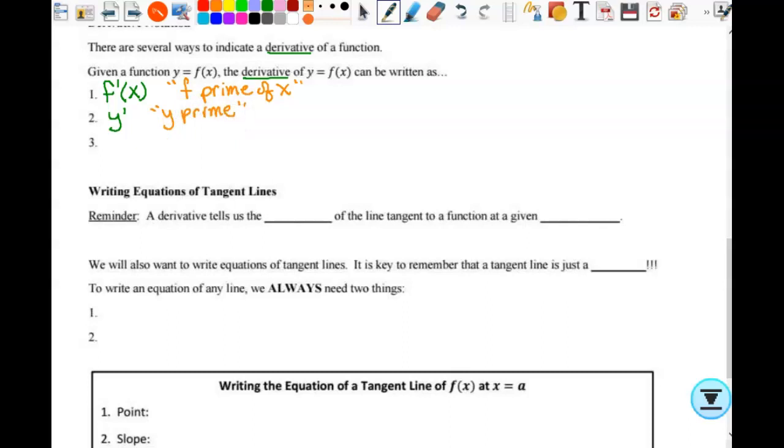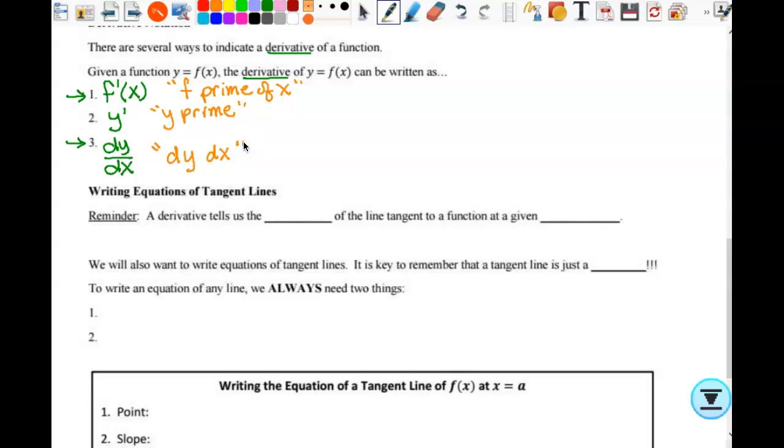And then the last one, so really 1 and 3 are the ways that we'll see it the most. Looks like this, dy over dx. That's the derivative of y with respect to x. That's one way to say it. But the way we really say this when we see it is literally dy dx. You don't even have to say over, it's just dy dx, and you know what it looks like.